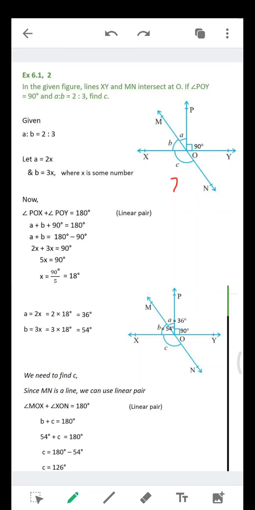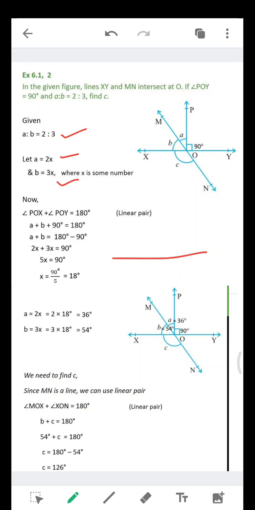So let's continue with this solution. It's given that A is to B is 2:3. Whenever a ratio is given, we suppose the ratio as: let A be equal to 2x and B be equal to 3x, where x is some number. Now I'll add POX and POY. POX plus POY gives you 180 degrees because these two are angles on a line.